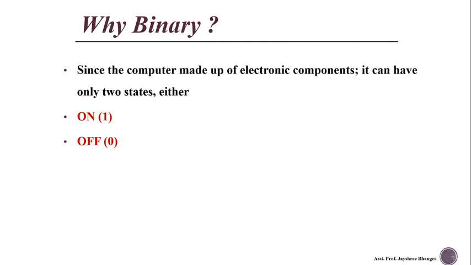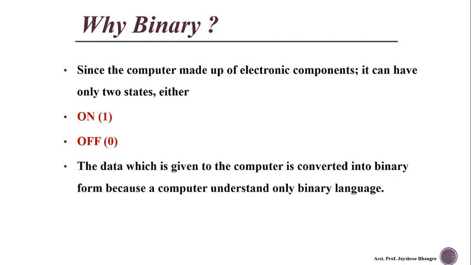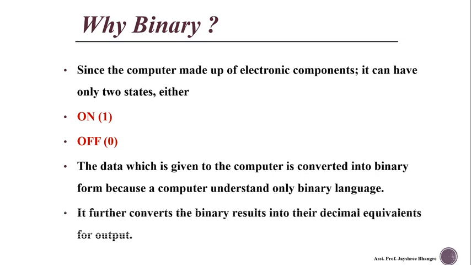These two states are given the values 1 and 0. So whatever data is given to the computer is converted into binary form, because a computer understands only this binary language. It further converts the binary results into their equivalent decimal for output.